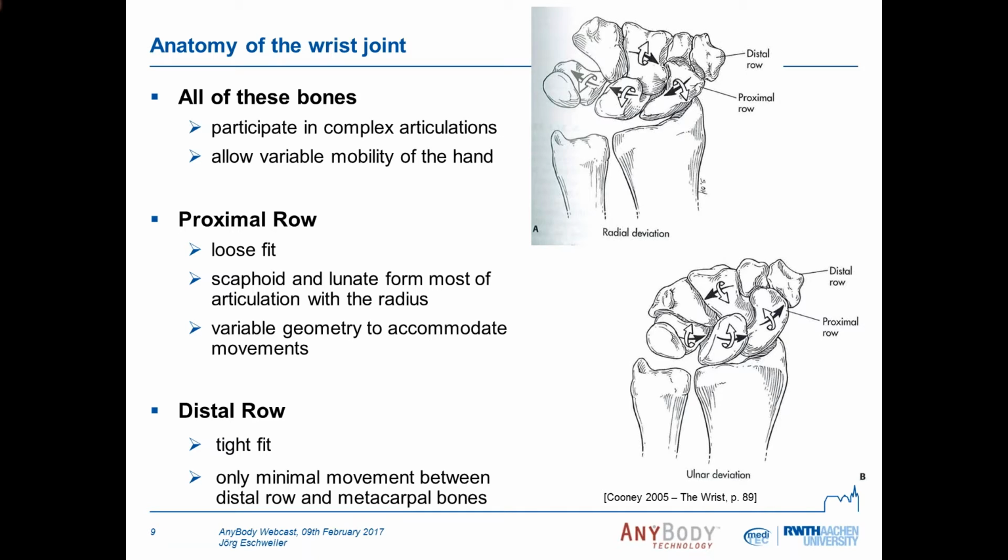The proximal row is a loose fit and allows variable geometry to accommodate movements. The scaphoid and the lunate form most of the articulation with the radius. The distal row is more a tight fit, and it allows only minimal movement between the bones of the distal row itself and between the metacarpal bones. As I mentioned before, it is described as one rigid body.